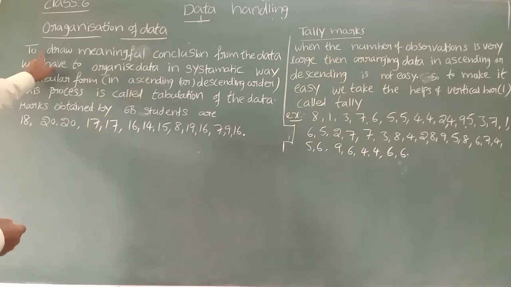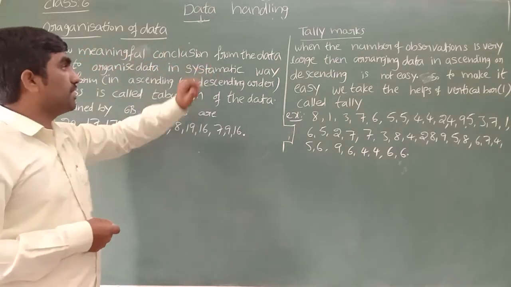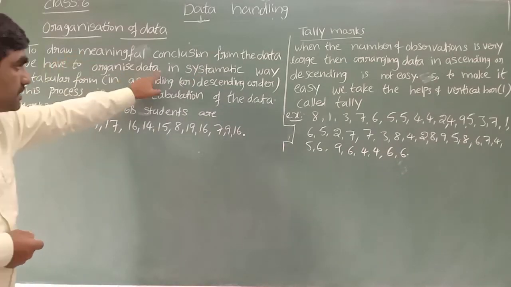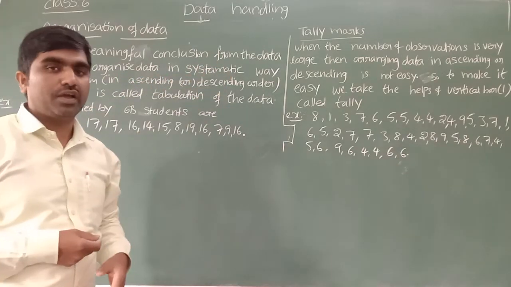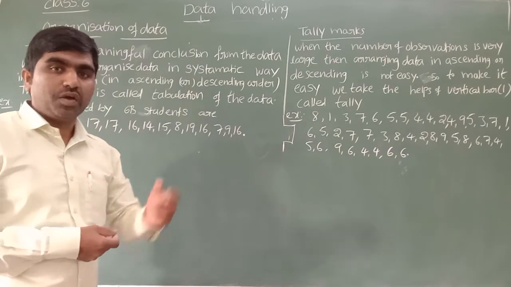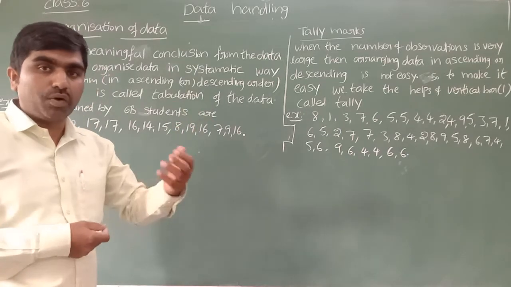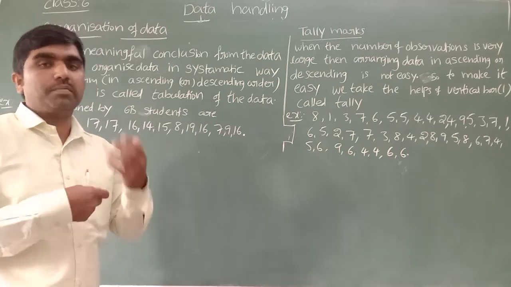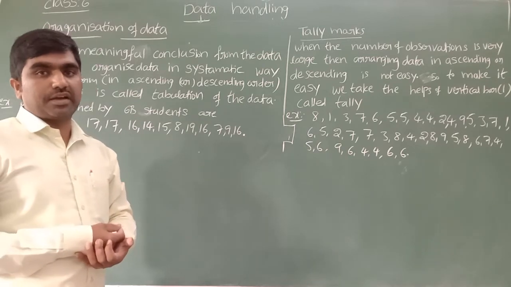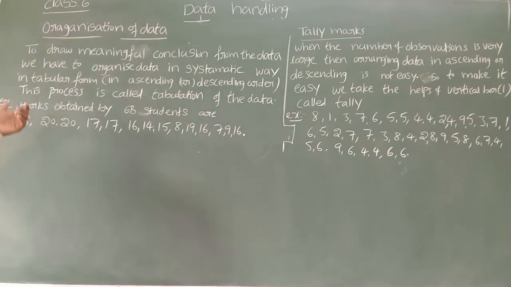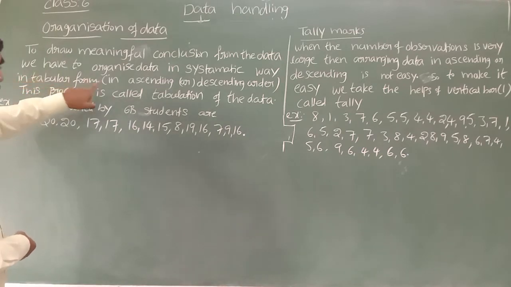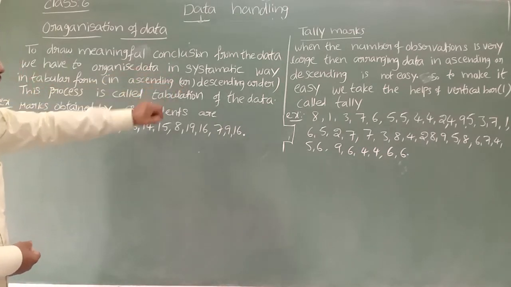To draw meaningful conclusions from the data, we have to organize the data in a systematic way. Then only it gives the clear meaning of that particular information. So you can arrange it in a tabular form, in ascending or descending order.